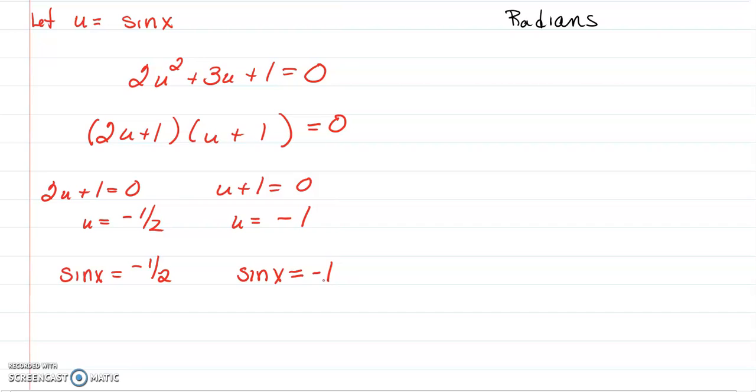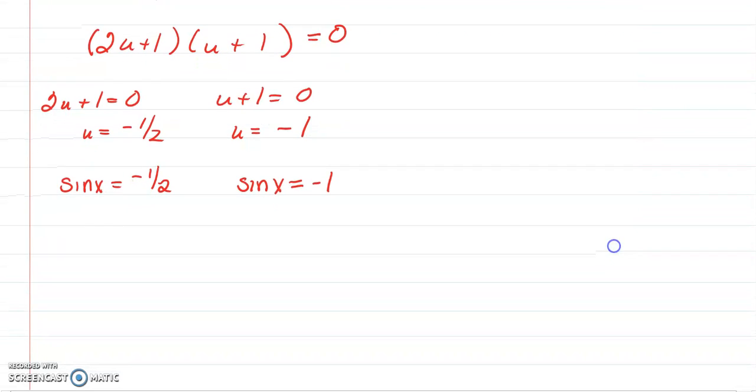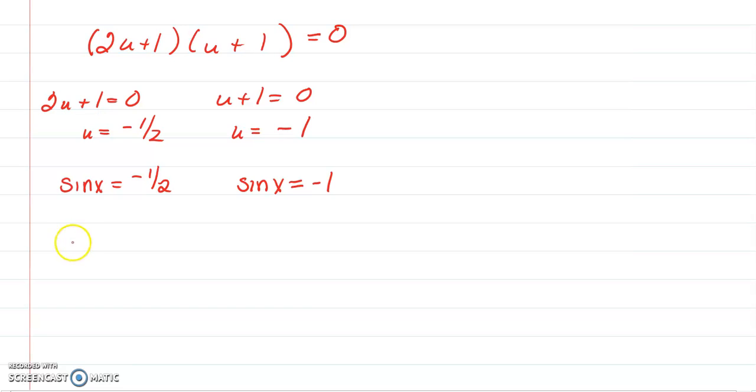So we're good so far, but now we've got to think about all solutions. So let's think about sin of x equaling -1/2. Let's think about all the times in one revolution that occurs. So I know that that occurs at 7 pi over 6 in quadrant 3. And I know that it also occurs in quadrant 4 at 11 pi over 6.